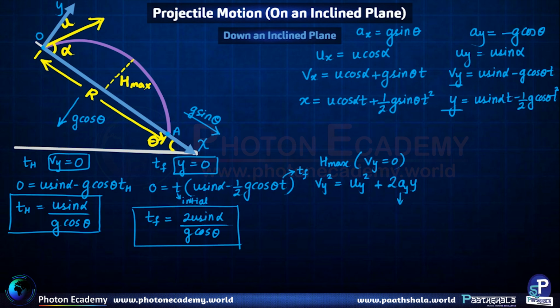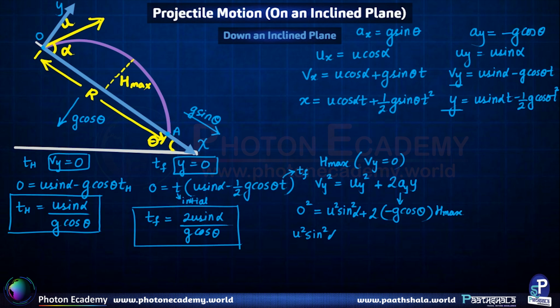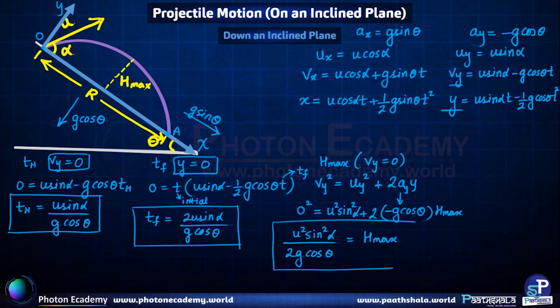Now ay happens to be equal to, as is noted down above, minus g cos theta, and when we put this as 0, we get uy square, which is u square sine square alpha, plus 2 into minus g cos theta, and y now happens to be equal to h max. Alright, so we get u square sine square alpha upon 2g cos theta is equal to h max. This is the maximum height.